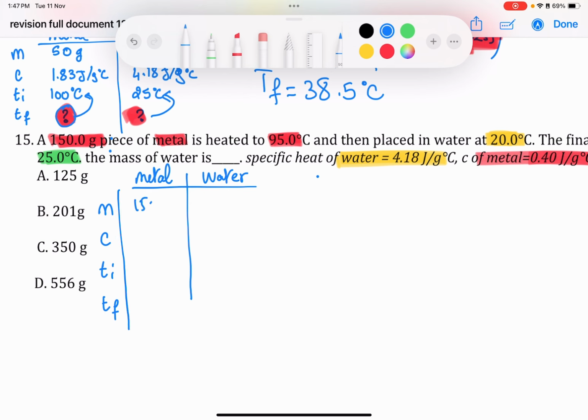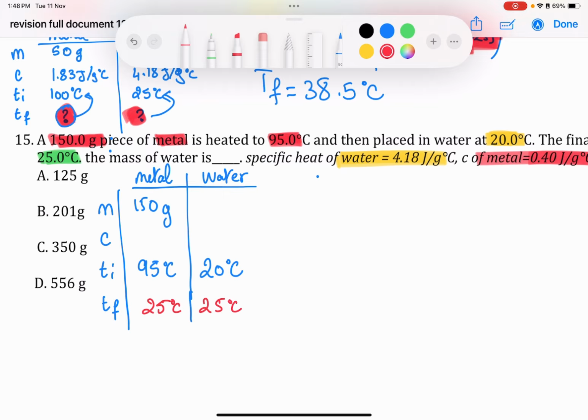Mass of metal, 100 grams. Initial temperature of the metal, 95. Initial temperature of water, 20. Final temperature is 25 for both.